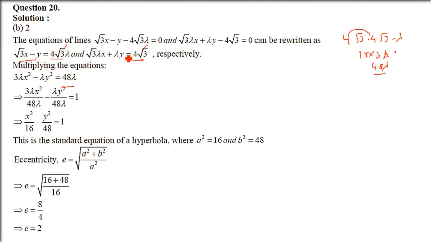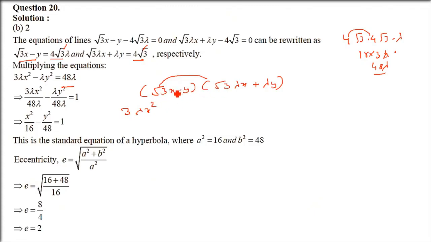So the left hand side multiplication is root 3x minus y into root 3 lambda x plus lambda y. When we multiply this, I'll multiply each and every term. Root 3x into root 3 lambda x, root 3 times root 3 is 3, so this is 3 lambda x square.